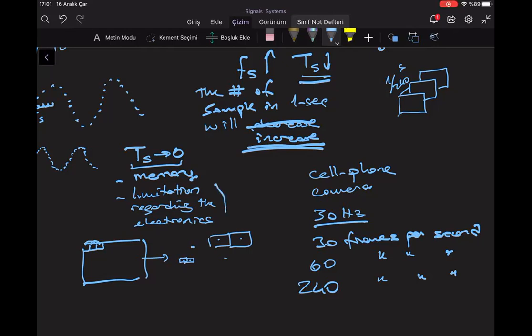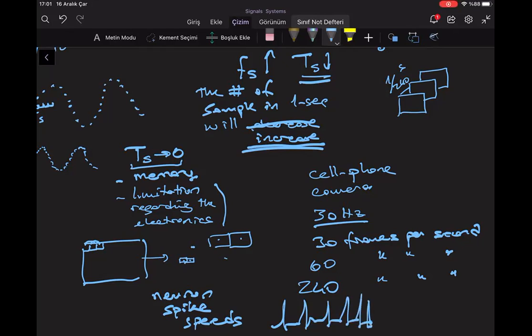Here, the limitation is coming from the electronics. In our brains, the limitation is coming from the neuron spike speeds, let's say. Our brain generates action potentials like that.